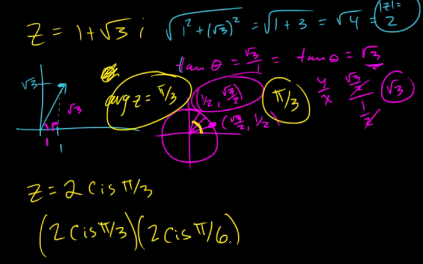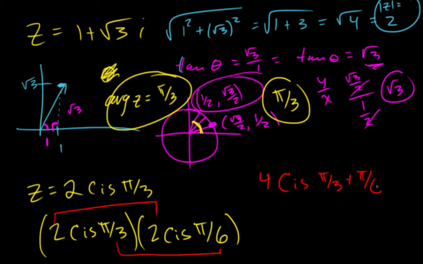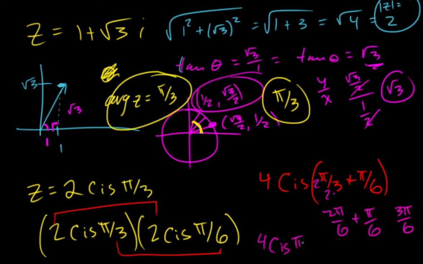So when we do that, we're just going to multiply the outsides, so we get 4, and then we're just going to add the insides. Okay, we need to add pi thirds, which is 2 pi 6, plus pi 6, 3 pi 6, and so that's pi halves, so 4 cis pi halves.